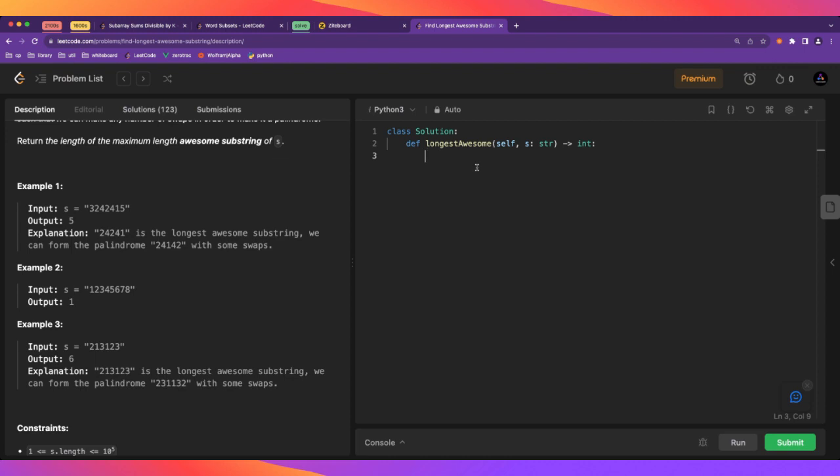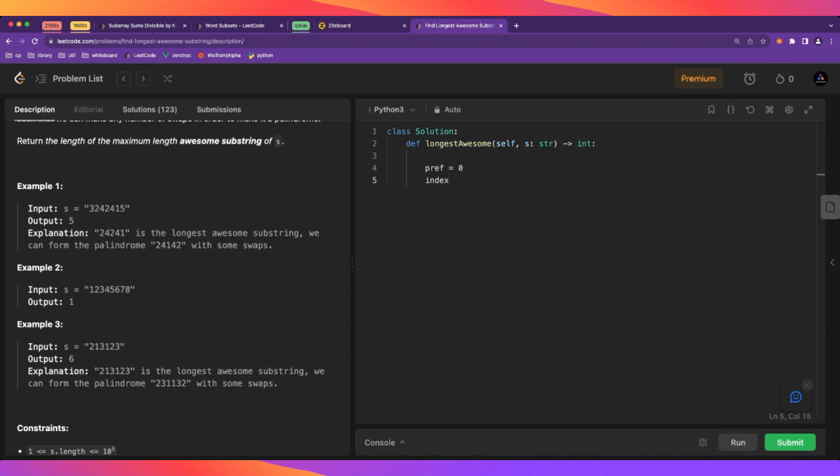We are going to keep track of a prefix, which initially is going to be 0, which means that all have parity 0.